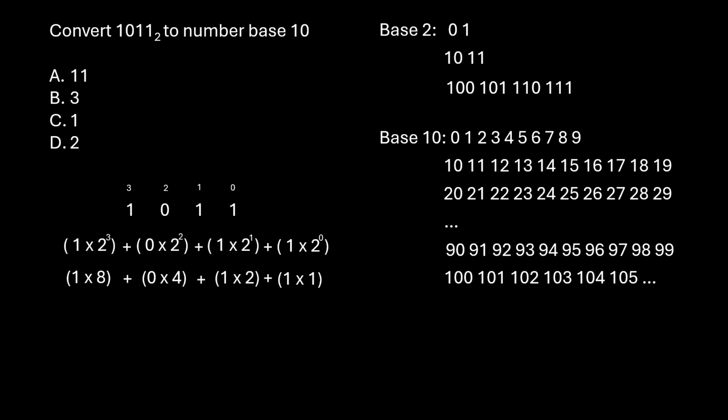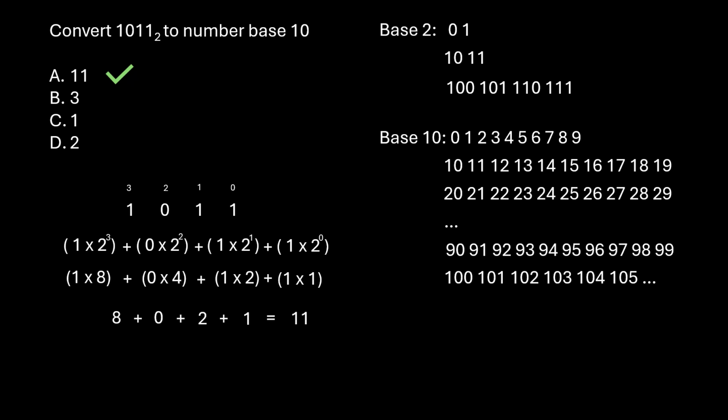Any number raised to the power of 0 is 1. So we multiply them out and we get 8 plus 0, 0 times 4 is 0, plus 1 times 2 is 2, plus 1 times 1 is 1. And this gives us 11. And so our answer is A, 11.